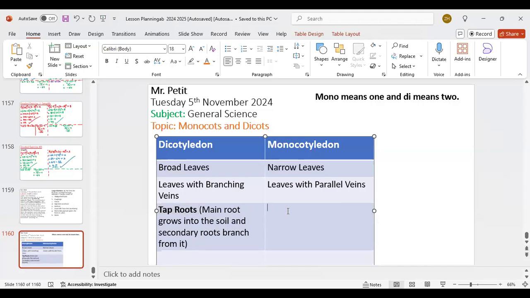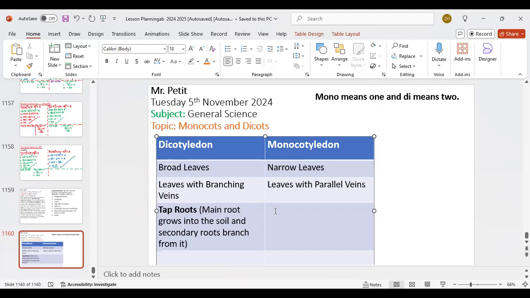What type of roots do monocotyledons have? Fibrous. You think it's fibrous? What type of veins? I mean roots. I just learned this today and I can't remember.